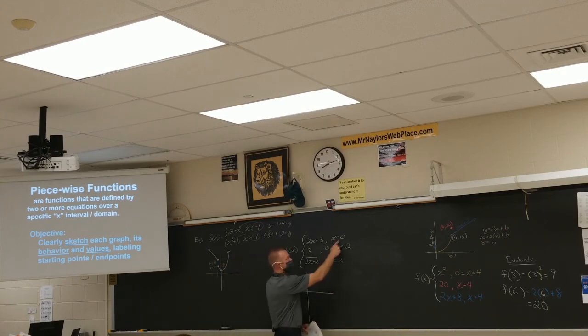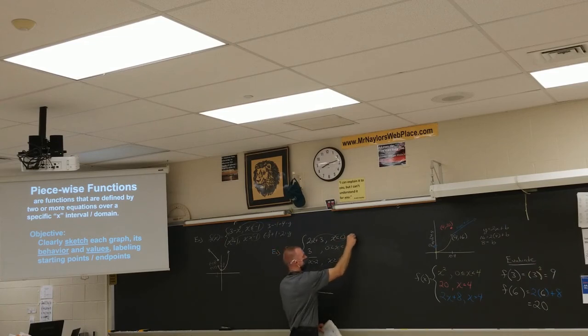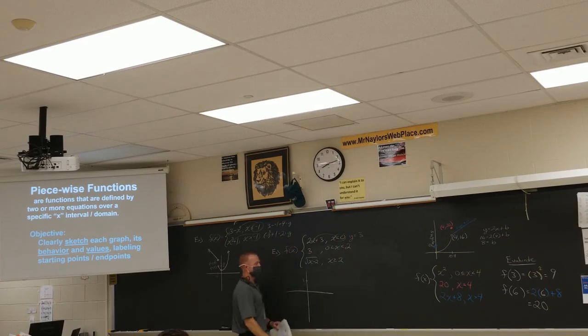Now, for x less than 0, we've already basically determined that the y value is 3. So we have a point. It's an important point. It's the point x equals 0, y equals 3. So it needs to be marked on your graph. And then to the left is less. To the left is less.